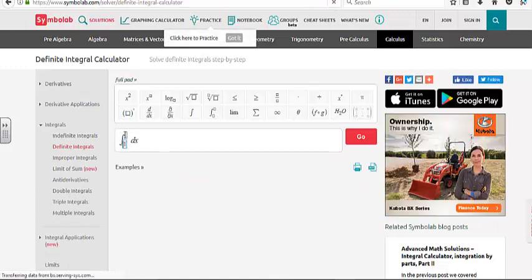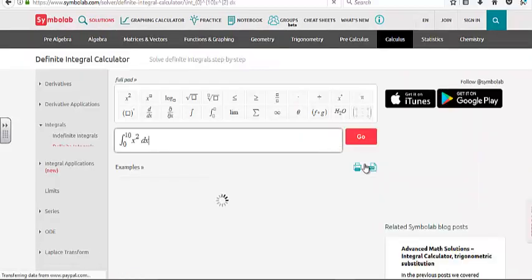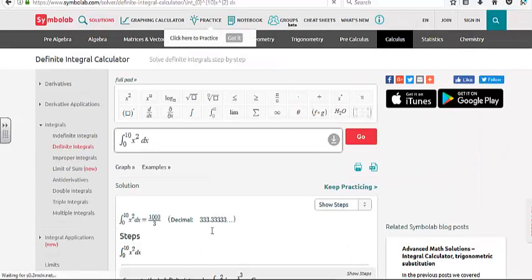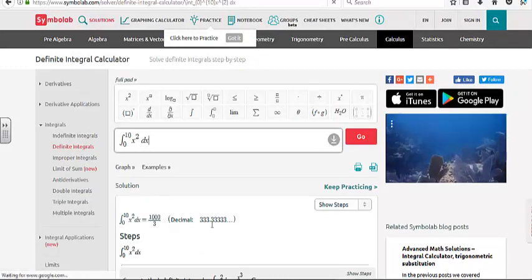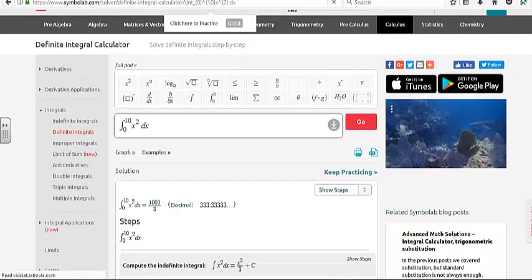From 1 to 4 of, and then you can put your function in here, x squared. Well, let's actually do it from 0 to 10, because that's what we've done in class, and you integrate it, go, we should get 333. So it gives you the answer, 1,000 over 3. And it shows you the steps to do the calculation.